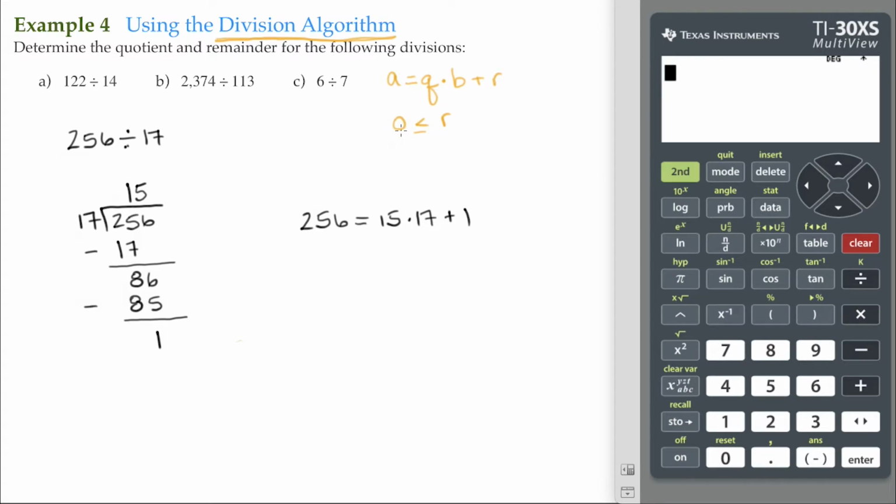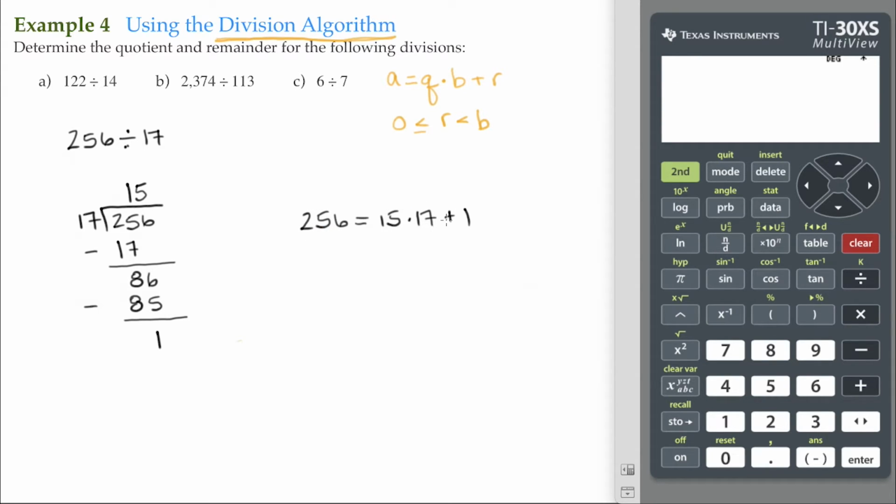And if you remember from old school long division, if we had a remainder of 0, we would say that the divisor goes into the dividend evenly. Remember that? But it's got to be less than the divisor. Another thing to keep in mind is that A, Q, B, and R, all these variables have to be integers. And you can see that they are.